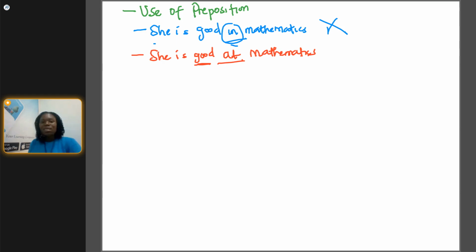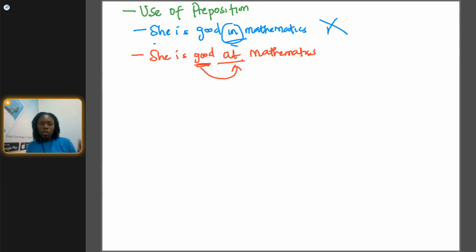So she is good at something. We are referring to a skill and using the word good. So in a sentence, if you're referring to a skill and you're using the word good, what should follow is "at." So it's not she's good in mathematics, but she is good at mathematics.